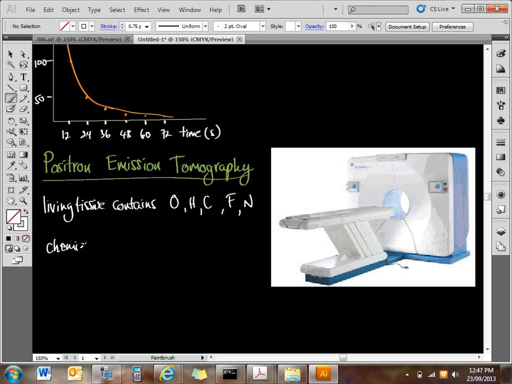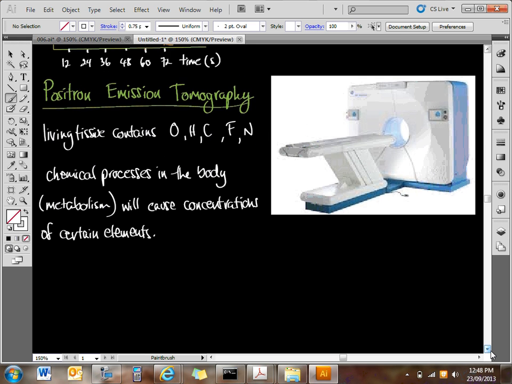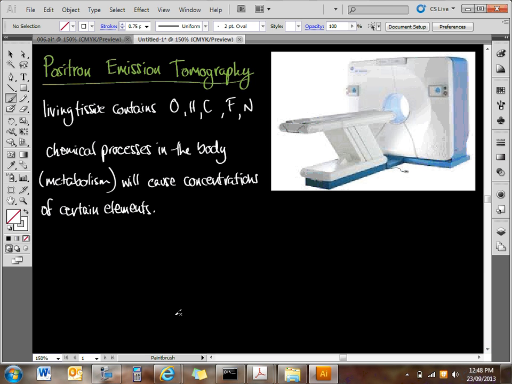Chemical processes in the body, commonly known as metabolism, will cause concentrations of certain elements. So that's useful in this application.